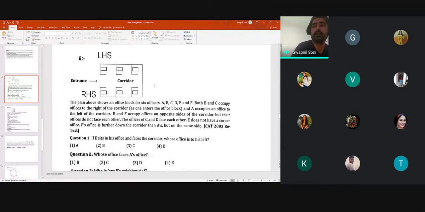So from all the statements that we read, we know that A is over here on the left.